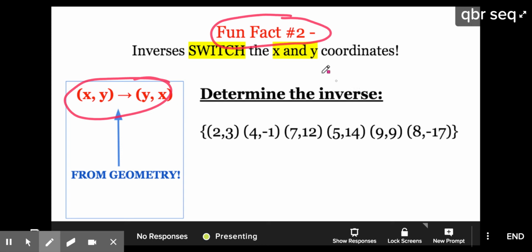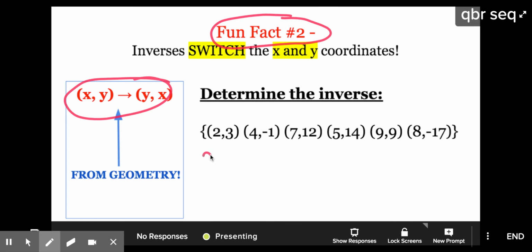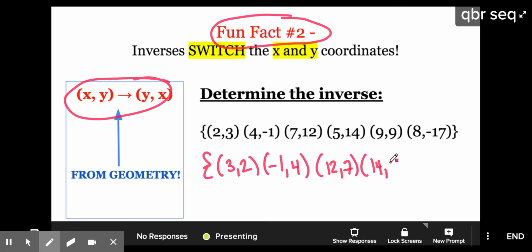So if I asked you to determine the inverse of this set of points, this discrete set of points, take a moment and pause the video and try it. Hopefully what you said was the set of points that is (3, 2), (-1, 4), (12, 7), (14, 5).